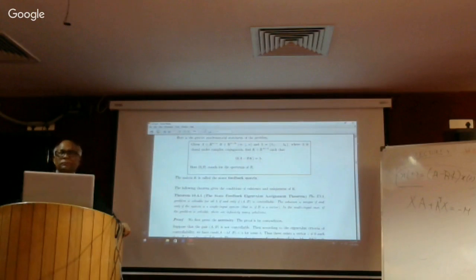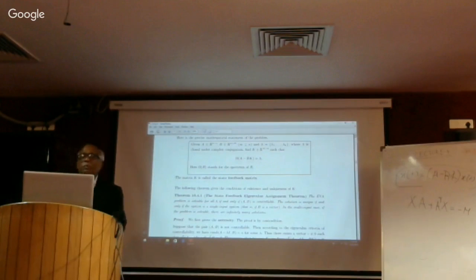So here is a theorem that guarantees the existence and uniqueness of the matrix K such that A minus BK will have a desired set of eigenvalues. The problem is solvable for any given set of lambda if and only if the system is controllable. If it is a single input problem, meaning that B is a vector, then the solution exists and is unique.